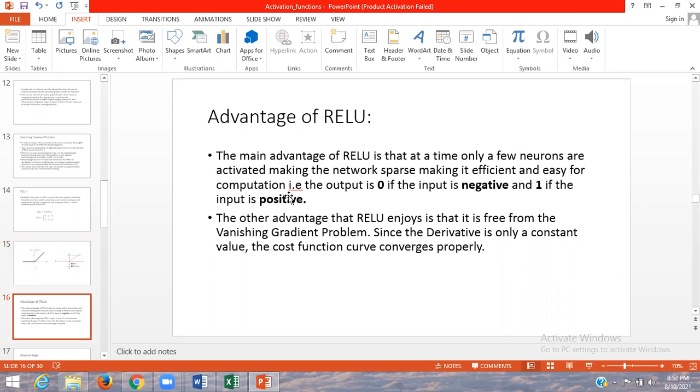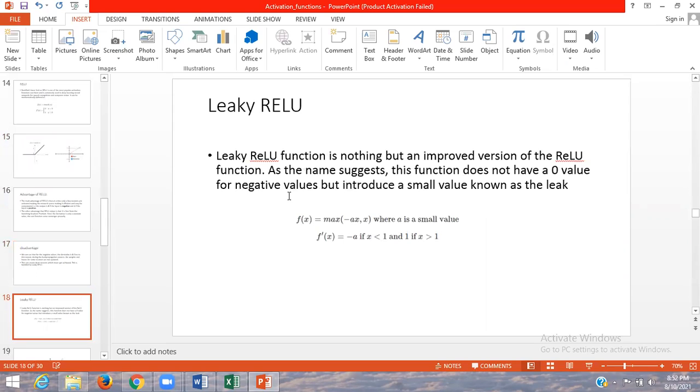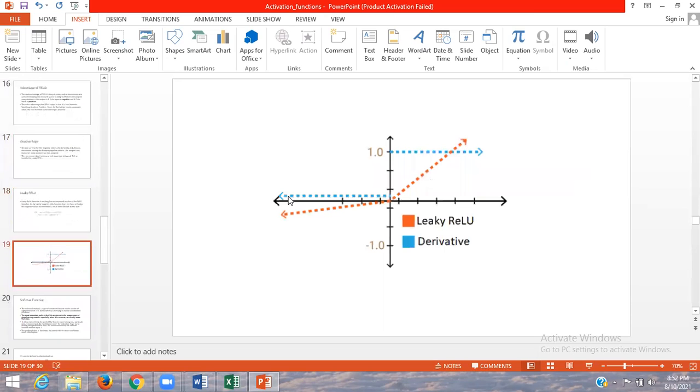So this problem will be handled by, although ReLU had some advantages also, because of the dying ReLU problem, we will use the next, leaky ReLU. Leak means a very small value which is associated with the negative side of the values. So that is called leaky ReLU. You can see here in the graph that this blue line is the derivative of this function.